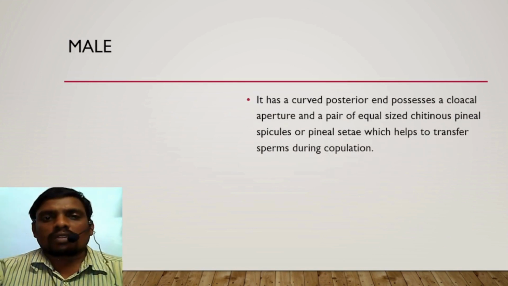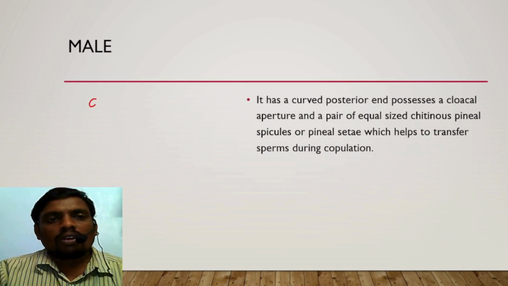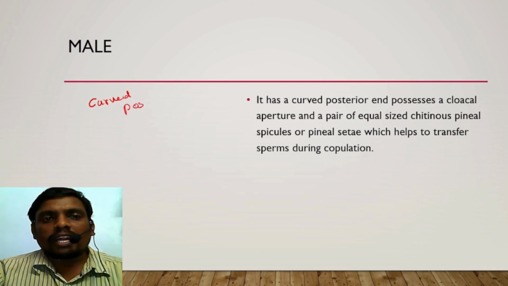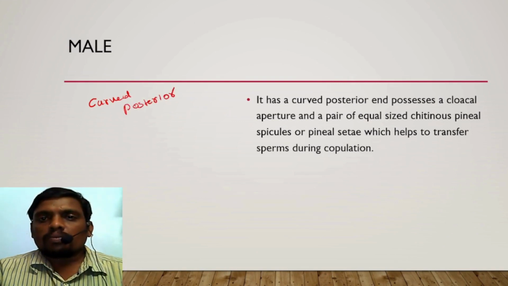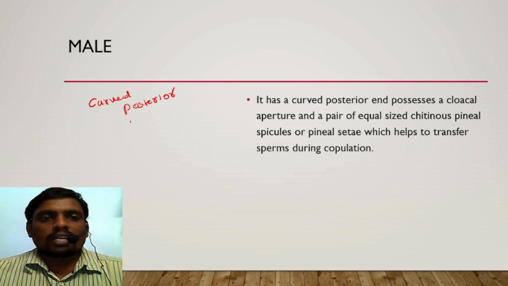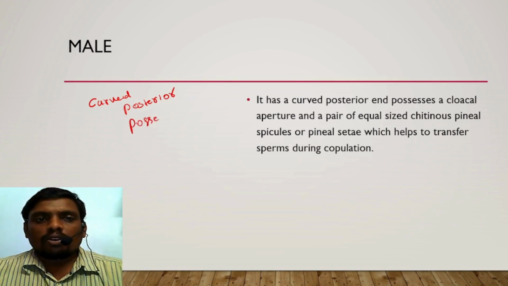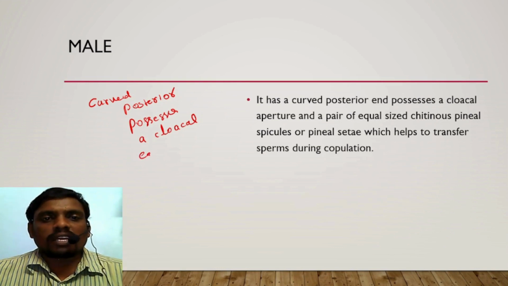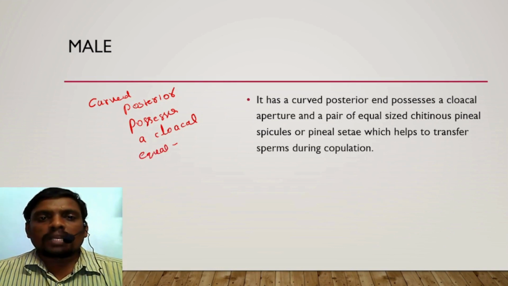How do males look? If you carefully see the males, they have a curved posterior end. The curved posterior end possesses a cloacal aperture, and a pair of equal sized chitinous penial spicules are present.